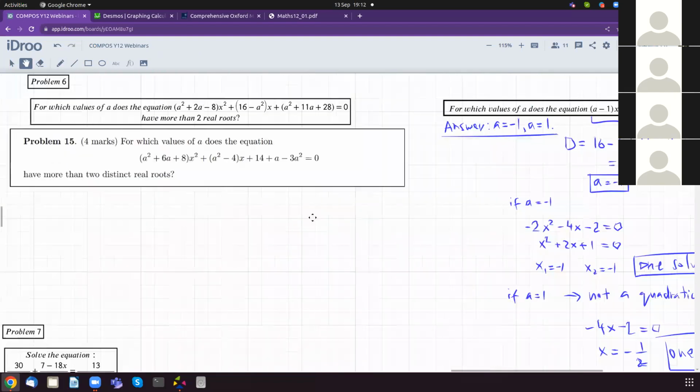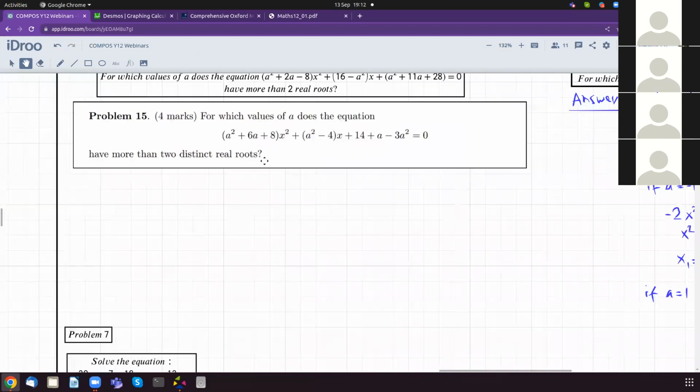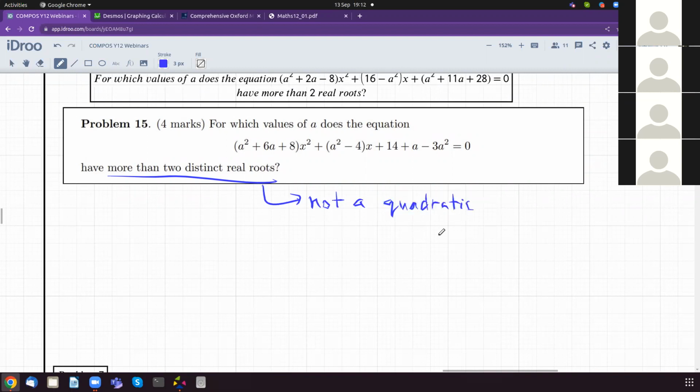So do you think you understand where I'm leading you to? It has more than two distinct real roots. That simply means it is not a quadratic. And it's not a quadratic if this term is 0.